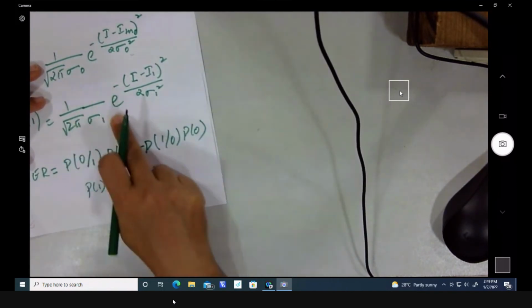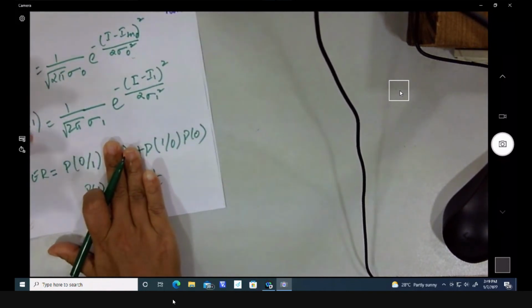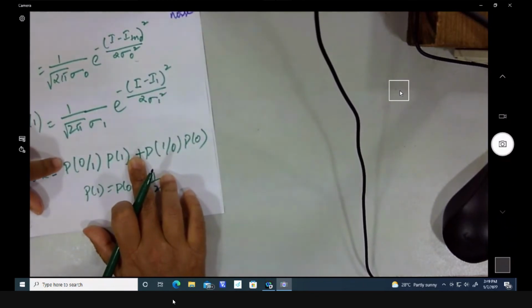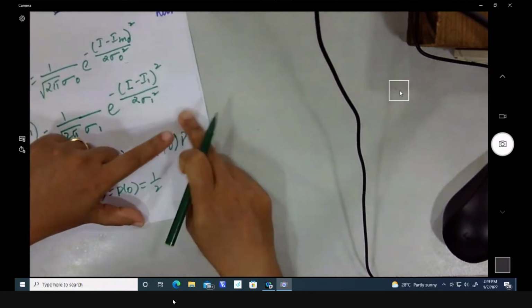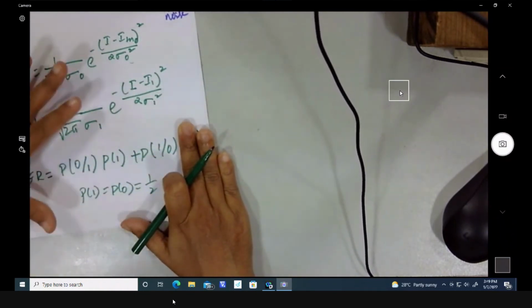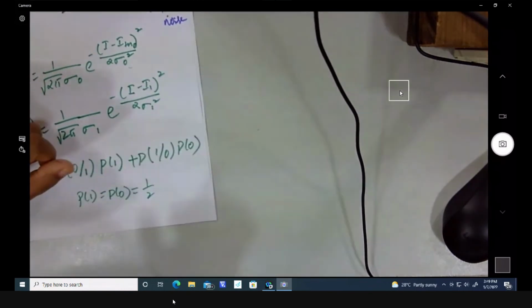So in that probability, that means the probability of receiving 1, how many zeros were detected? That gives me the noise here. Similarly, what is the probability of 0? In that receiving probability of 0, how many ones are detected? If I multiply that, that gives the noise.